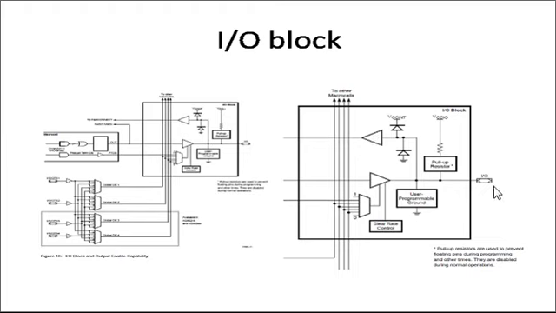When this pin is used as an input, this is the input buffer, and this is a programmable pull-up resistor. Here is the output buffer, and to this output buffer, this is the slew rate control. And this connection is coming to the IO block from the macro cell, or the function block. From the function block it is being connected to the IO block.